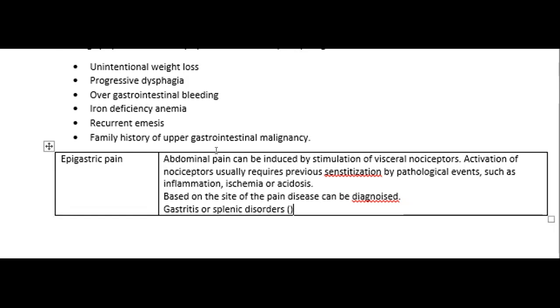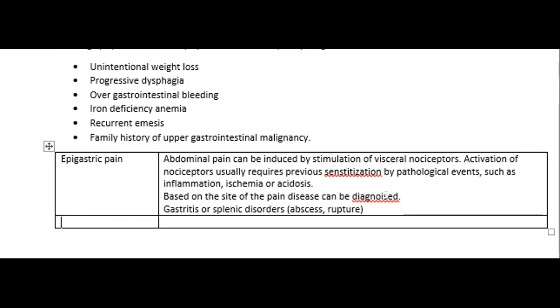The splenic disorders include abscess or rupture of the spleen. Okay.